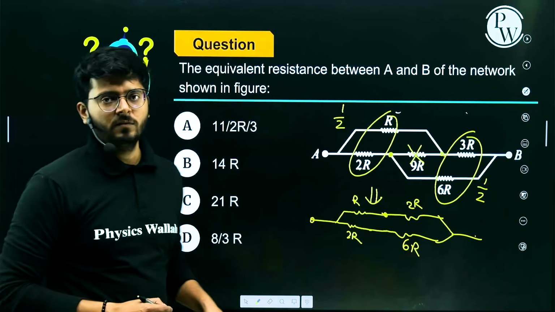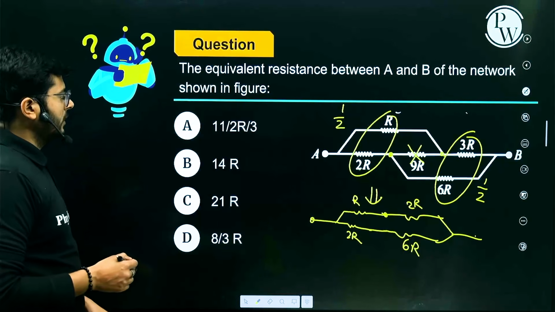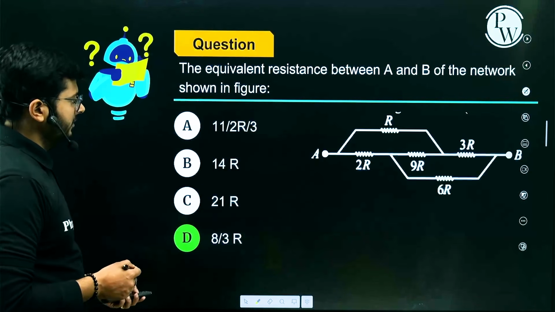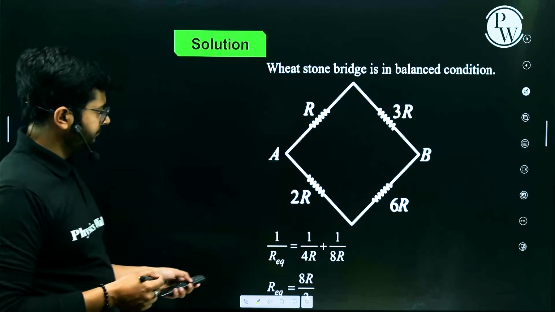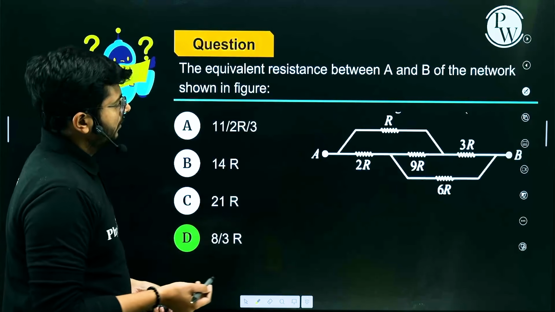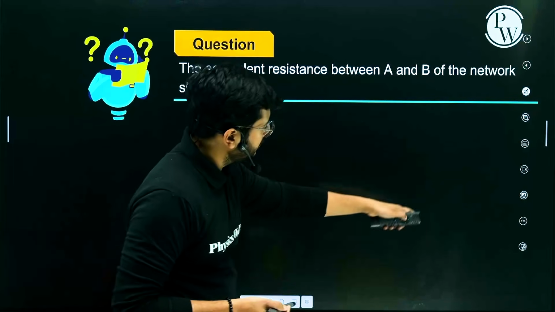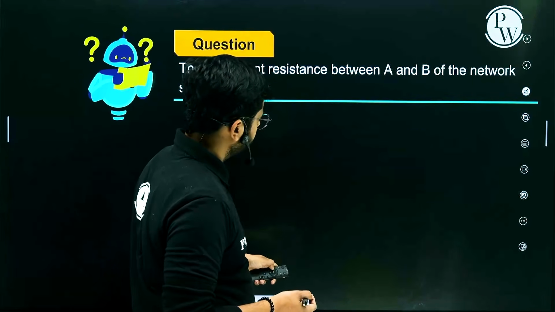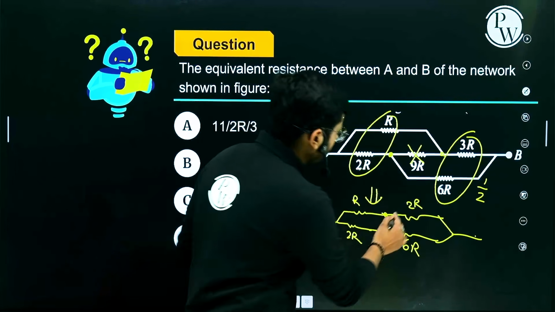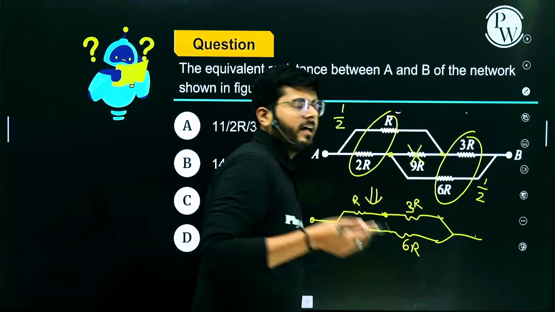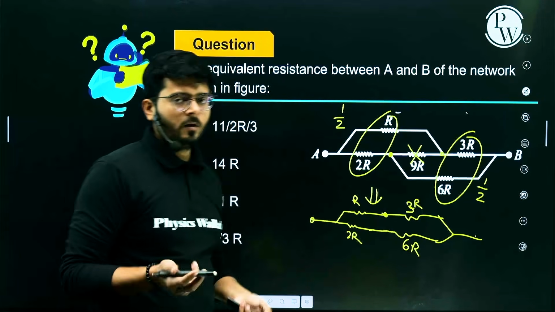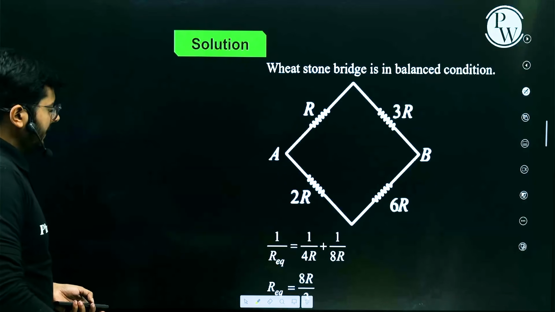Just find the net value of resistance of these two. I believe the idea is very clear. There is no confusion in that particular part. All right, this one is 3R, not 2R. So R and 3R are 4R, and 4R and 8R are going to be in parallel. So this is it.